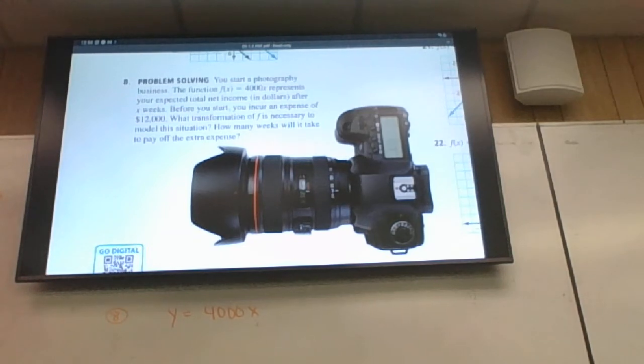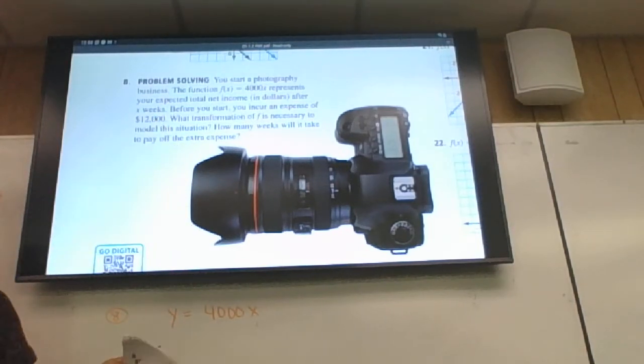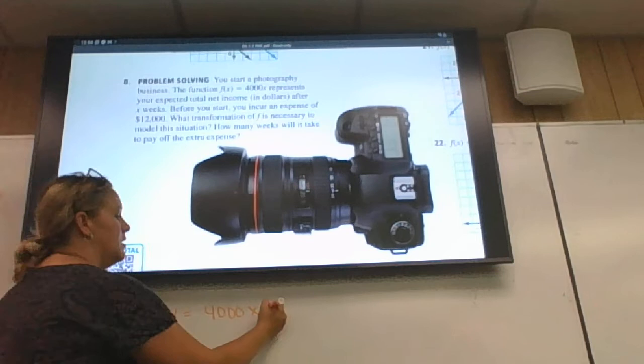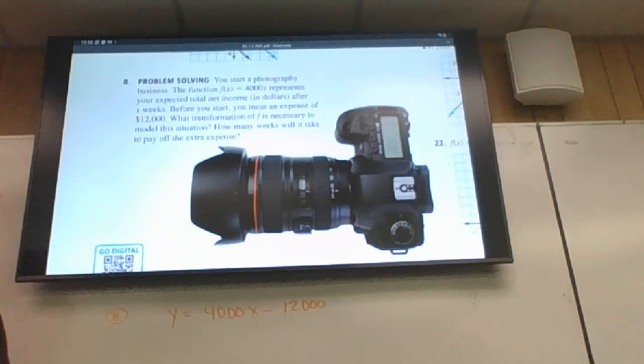So maybe you're printing photos, making posters, and things like that. Maybe you have multiple photographers. Anyway, this is an income. $4,000 a week is pretty good. You have an expense of $12,000. Maybe you're renting a gallery, or you have to pay for some really expensive equipment. It's an expense. That's going to change your income. You're going to have to subtract that expense from your income.